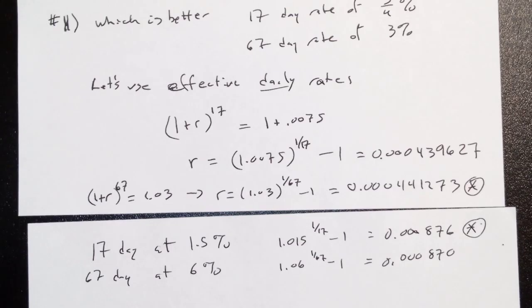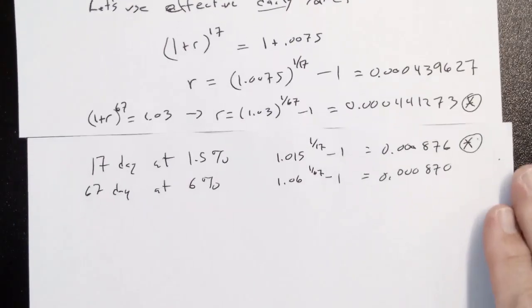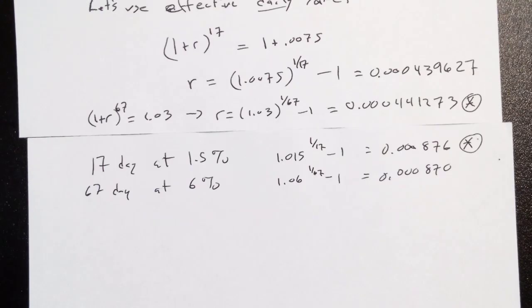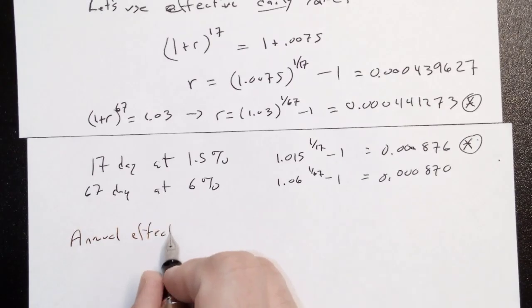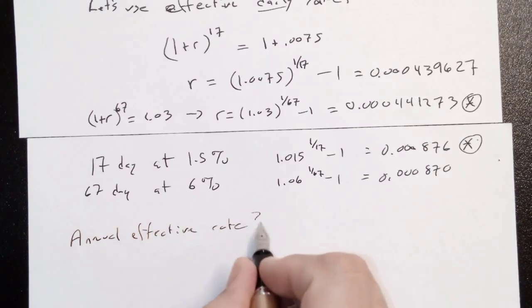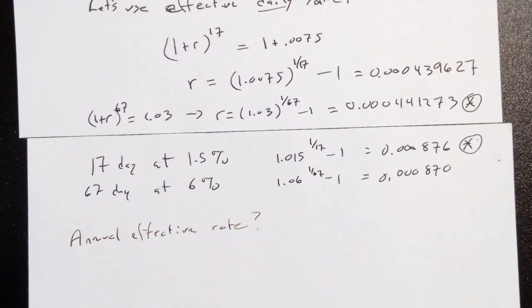By the way, we did daily rate. How could I do this to annual rate? What if I wanted an annual instead? Oh. Well, then I'd be doing that for 365 days, right?